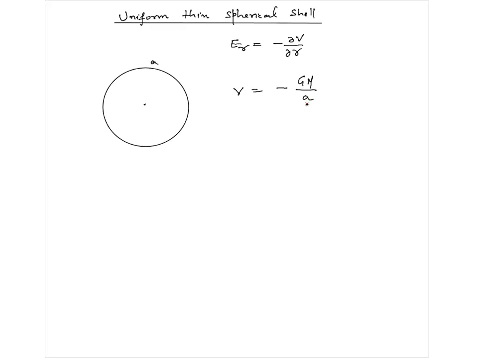It is constant everywhere. So if you differentiate a constant thing, you get nothing. So for inside points, ER is 0. Please make this correction in your notes.